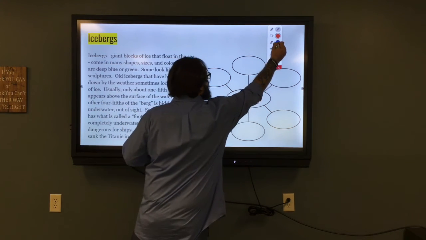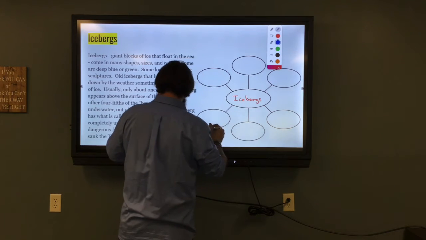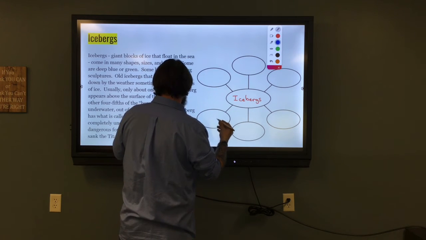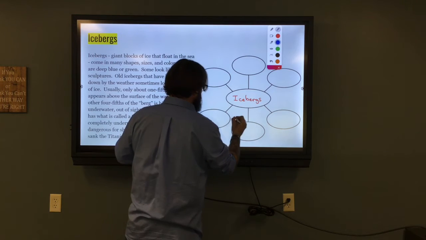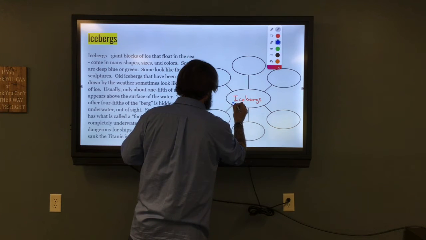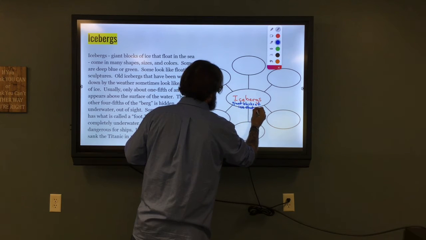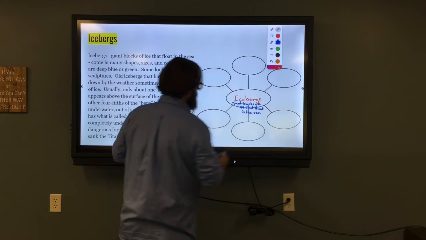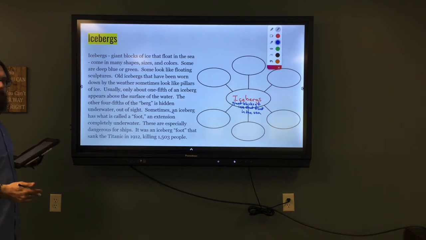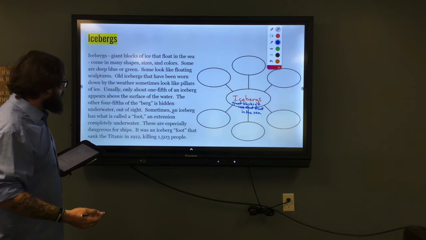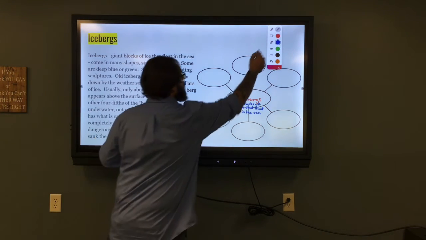So we know that they are giant blocks of ice that float in the sea. That is our topic. What details in the passage support this topic?